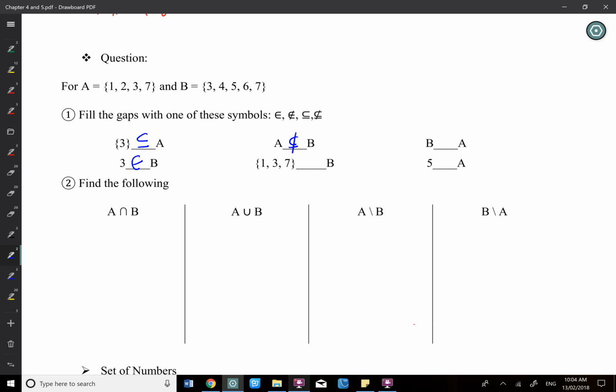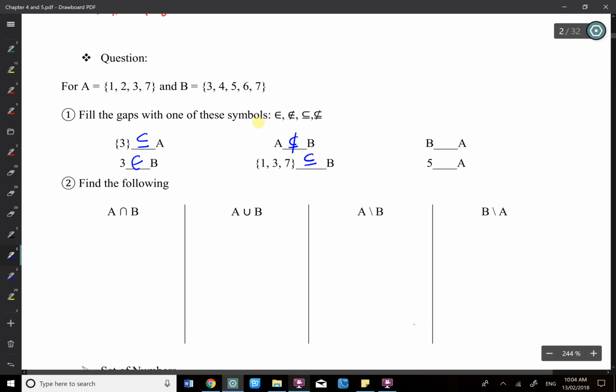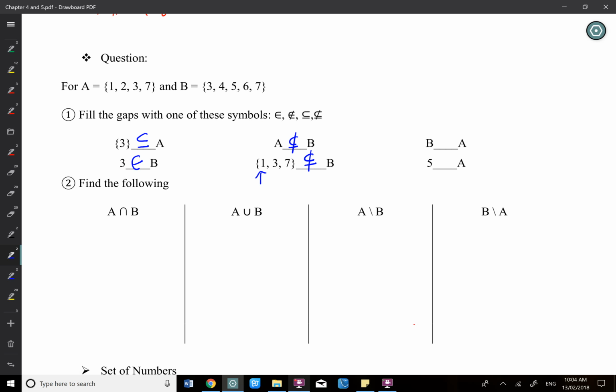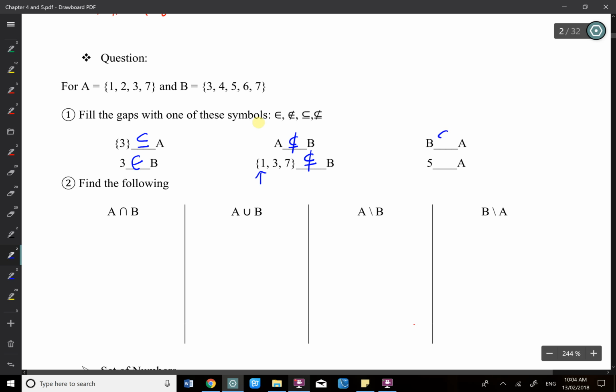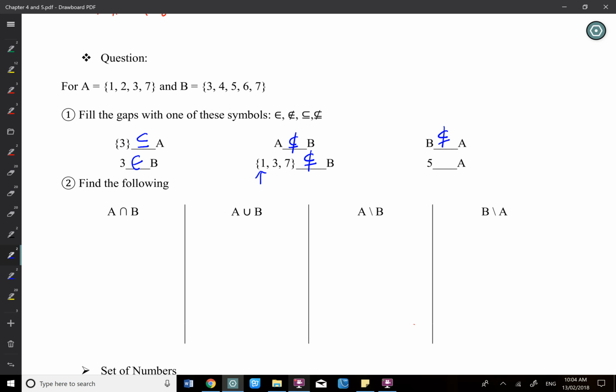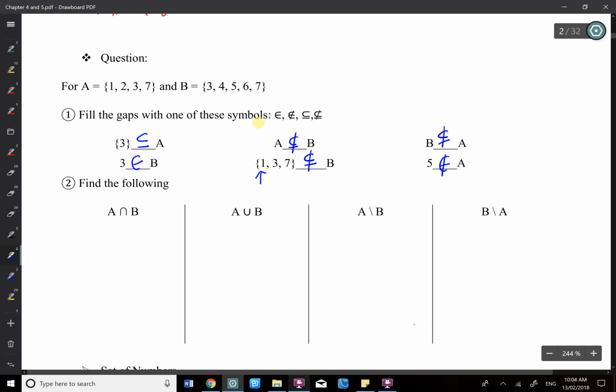Okay, 1, 3, 7 and B, what will you use? Does not contain. Good, because 1 is not an element of B. Okay, B and A. Does not contain again. Okay, 5 and A. Does not belong to. Okay, it's an element and a set. Does not belong to.